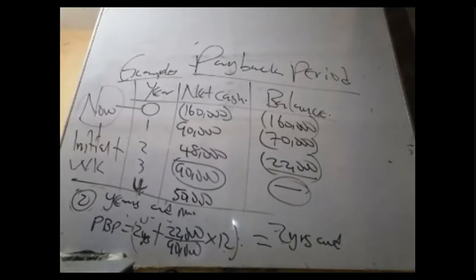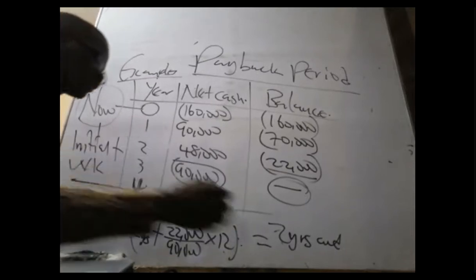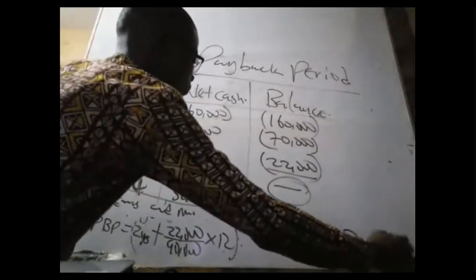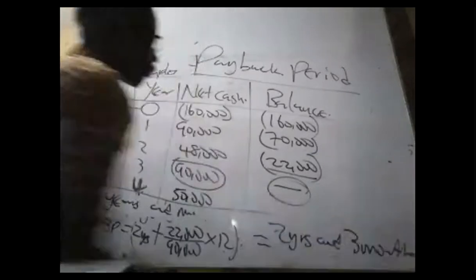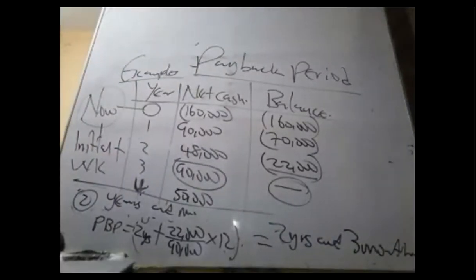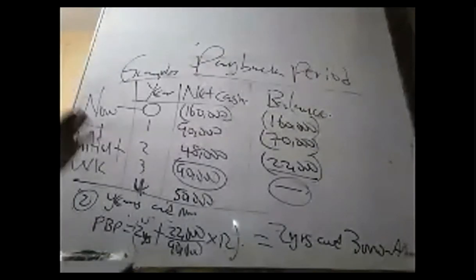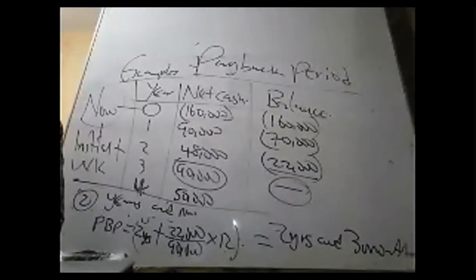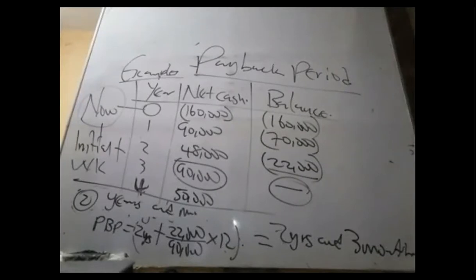So fraction by 12, this times 12. That's 2.9, so roughly 3 months. So 2 years and 3 months. Okay. Now I want it in years and days. Now I need you to do it for me. Years and days is your turn.